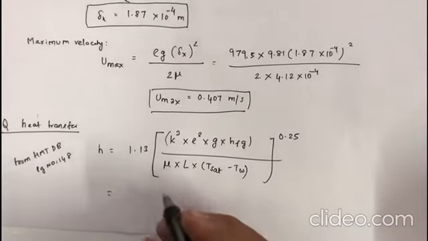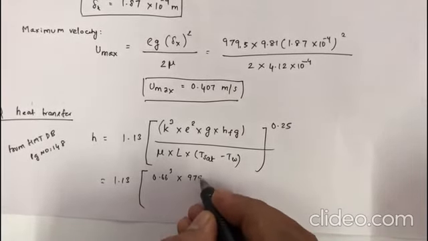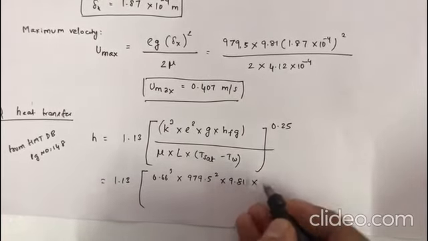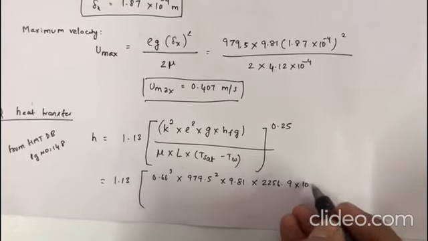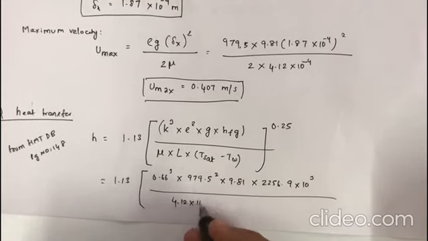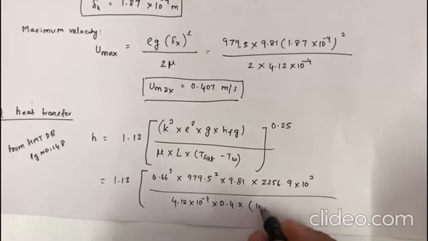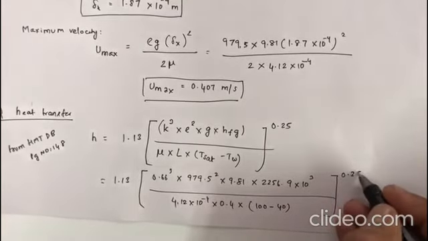Now we have to merely substitute the values: 0.66 cube into 979.5 square into 9.81 into hfg 2256.9 into 10 power 3 divided by dynamic viscosity 4.12 into 10 power minus 4 into length of the plate 0.4 into Tsat 100 minus wall temperature 40, whole power 0.25.